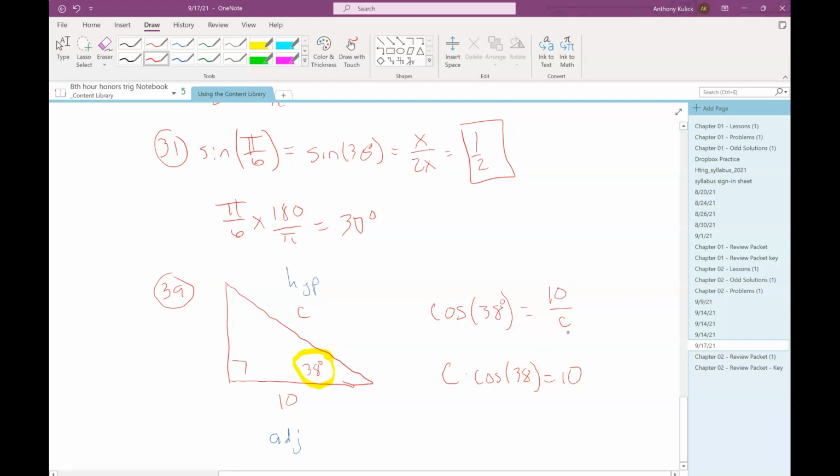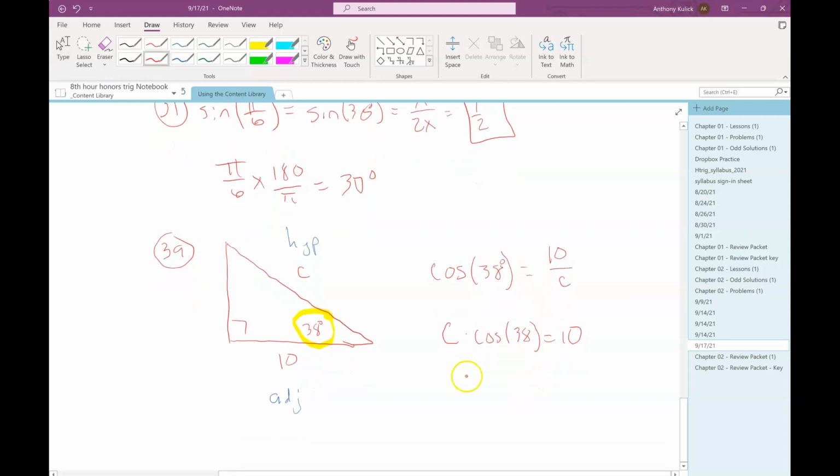Remember again that cosine of 38 is just some crummy decimal. So I can just treat it like a decimal here and divide both sides by cosine 38. Now, realistically, you could convert cosine 38 into a decimal using your calculator.